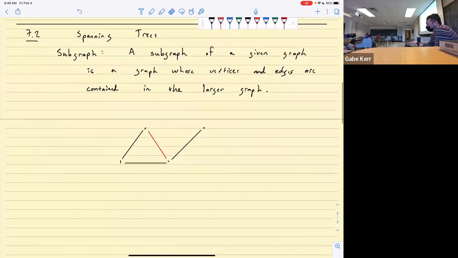All right, so a spanning tree is a subgraph. So let's make a definition. Spanning tree.